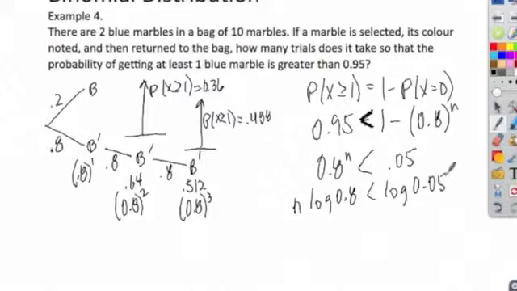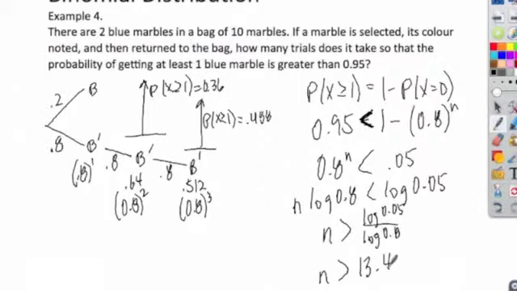And we're going to divide by log 0.8 on both sides. Realize that log 0.8 is a negative value, so we're dividing by a negative on the left. That will force the inequality to change its direction. It's going to be log 0.05 over log 0.8, and that value calculated, n is greater than 13.4.